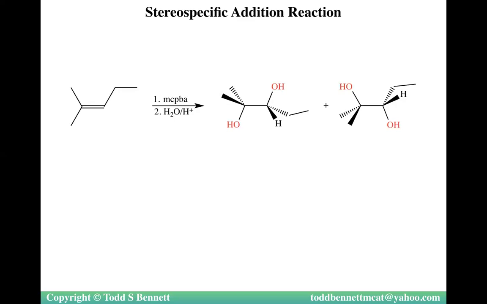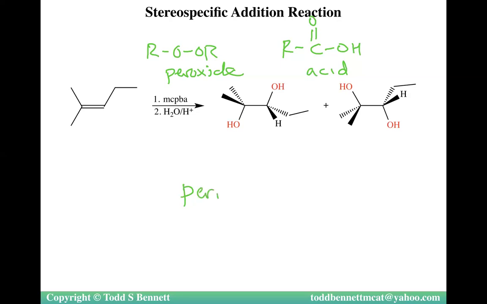A molecule known as MCPBA, you'll memorize it, but I want you to know more specifically, it's known as a peroxybenzoic acid. So a peroxy acid, so peroxide is this. That's a peroxide, if you recall. And an acid is this. So combine the two.